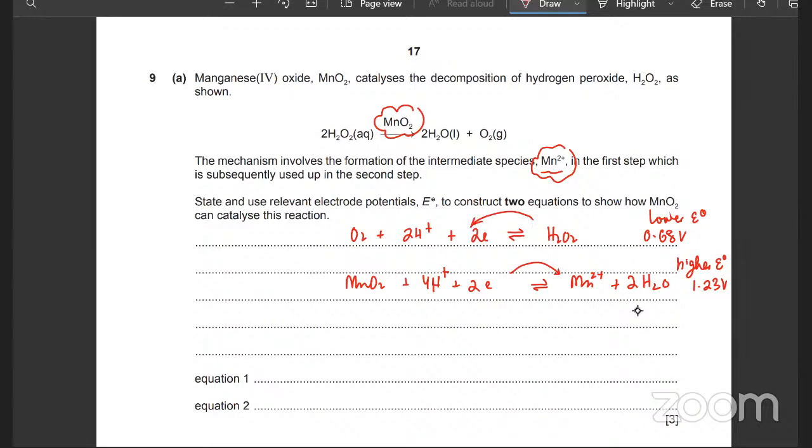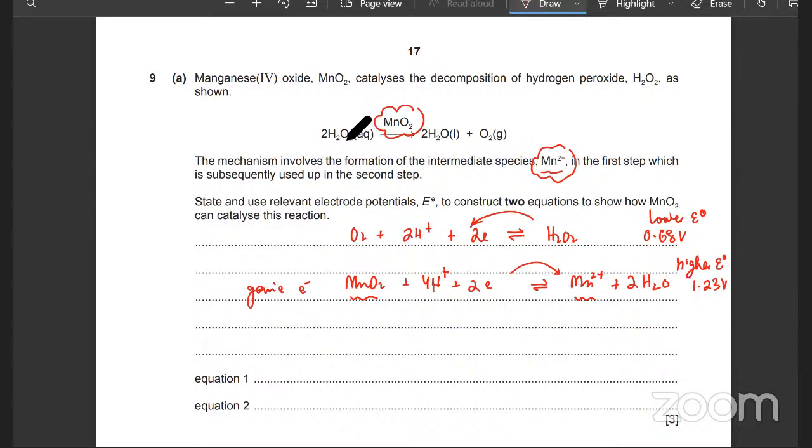So I'm going to just recap how I did this. He told me that MnO2 is taking part in the reaction and it forms an intermediate, which is Mn2+. So I opened the data booklet, I found an equation where MnO2 is turning into Mn2+. And I know that it's going to go in the forward direction. It's going to gain electrons. And I know that whoever gains electrons is the one that has the higher potential. So we figured out who's going to gain electrons.